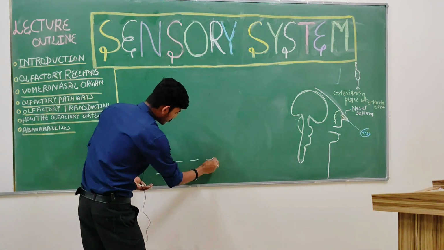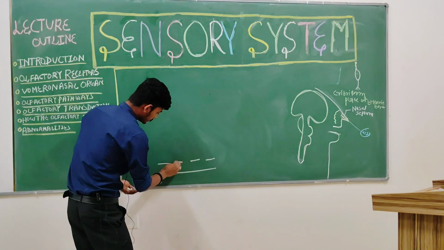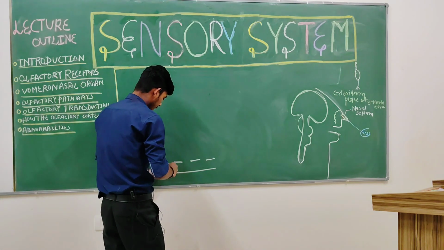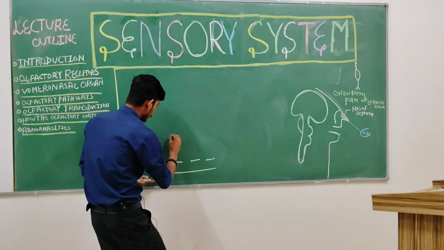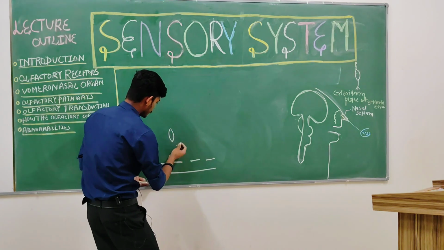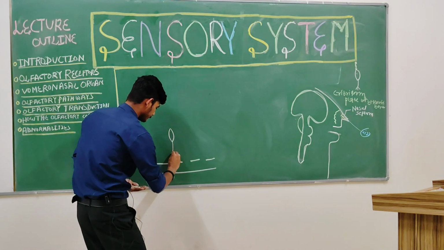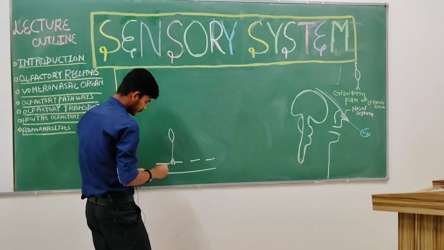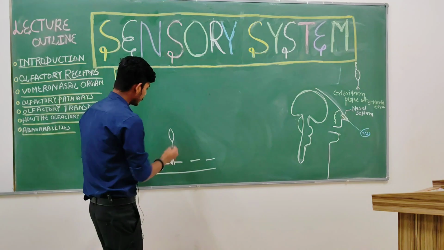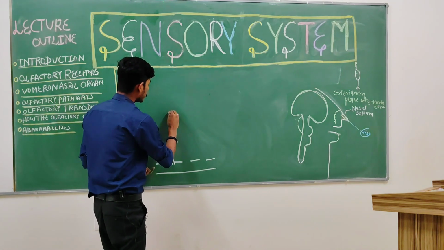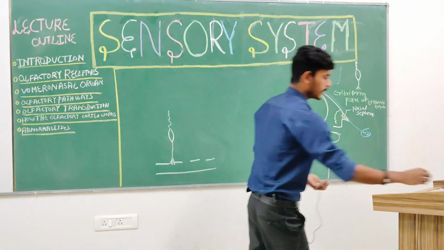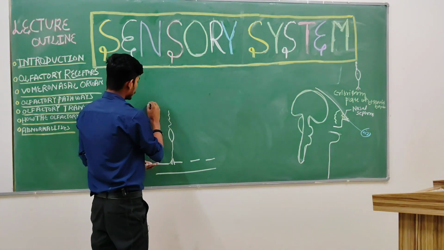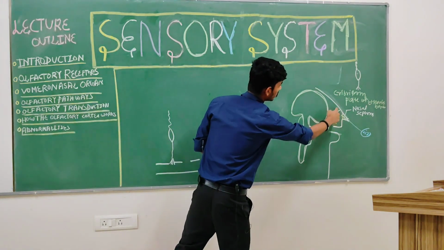Now, these nasal mucosa carry, okay, first I draw then describe, it will be better. See, this is one bipolar neuron, and as I said, there is the presence of which bone?